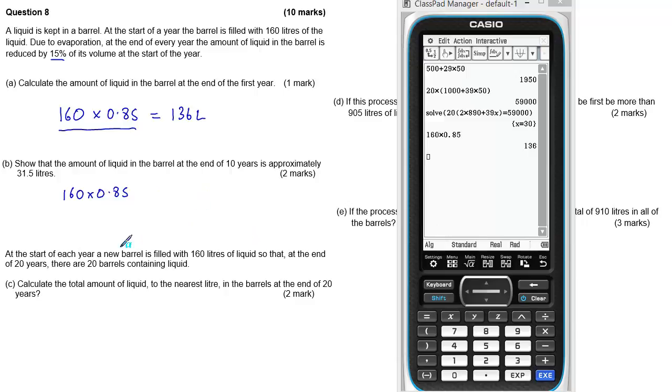Or another way of looking at it is that we know that the nth term formula is a r to the n minus 1. So this part here is the a, and multiply by r to the n minus 1. So we're talking about 10 years, so that's to the 9.